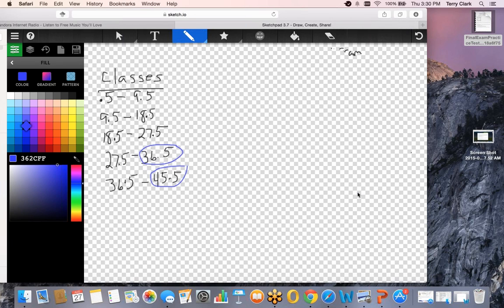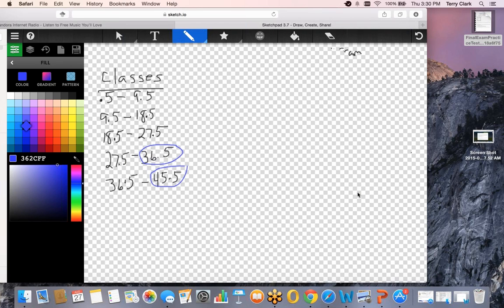Okay, so because the class width is 9, it's going to affect the intervals. It's going to affect the lower boundaries and the upper boundaries. The lower boundaries we can call the beginning boundaries, and the upper boundaries we can call the ending boundaries.